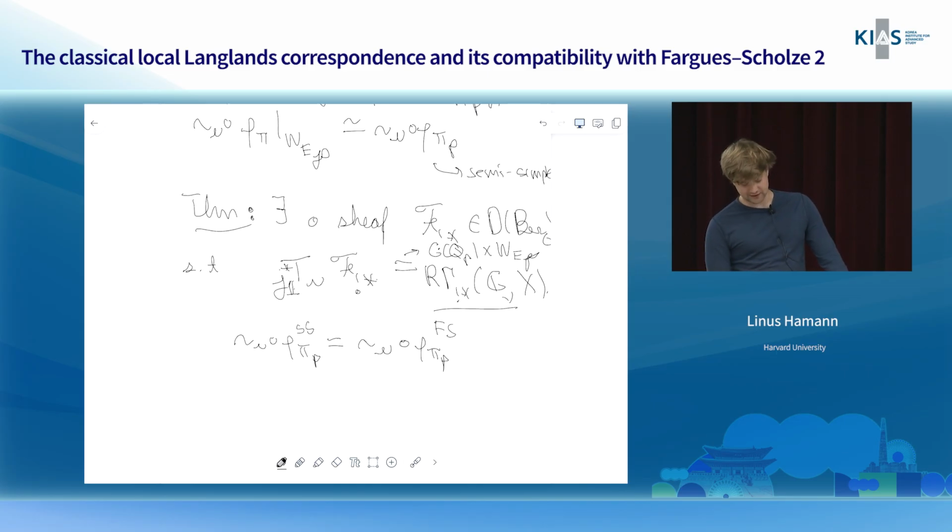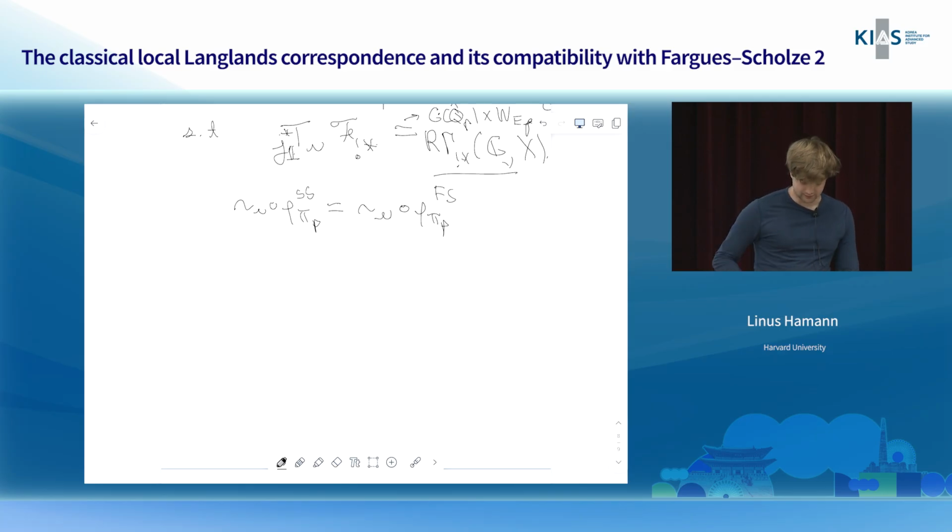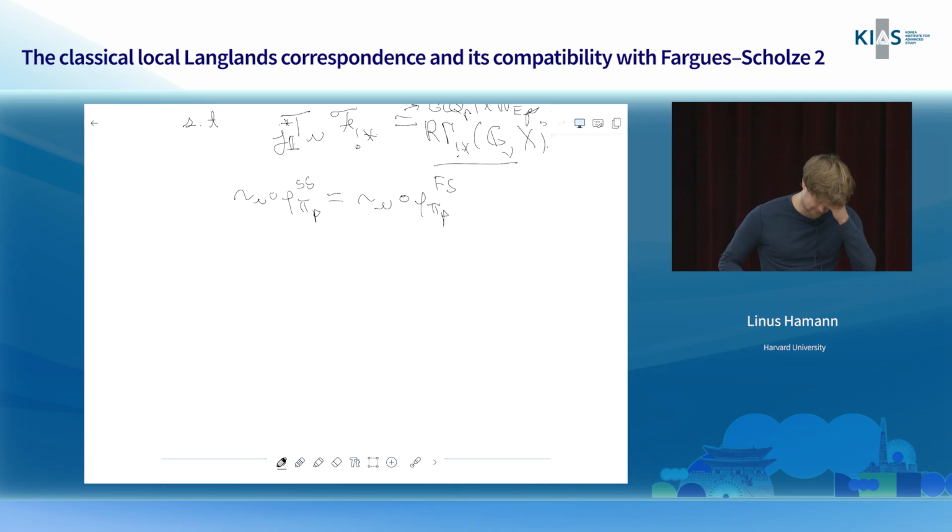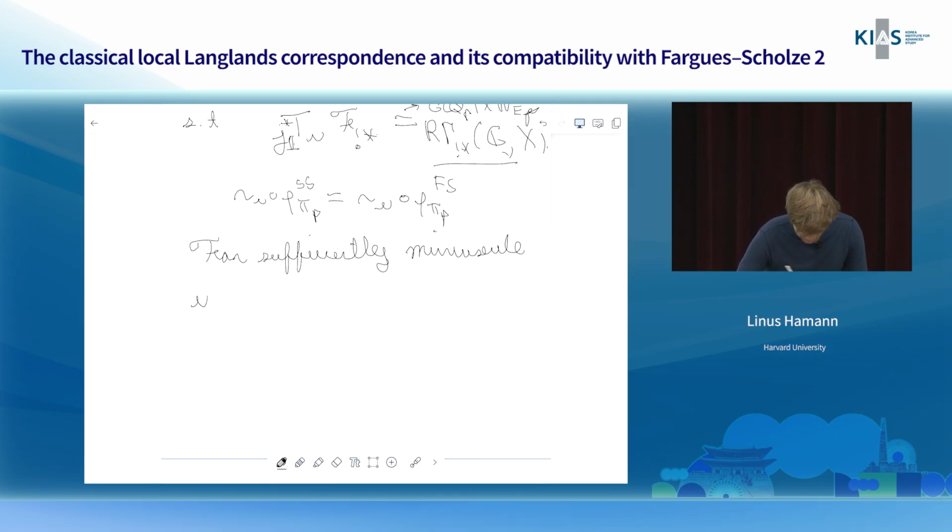But again, it follows formally from this relationship in just the same way as the usual compatibility followed from Harris-Taylor. And then for sufficiently nice minuscule mu, so in particular the things that appear here, as Jared alluded to already, this will imply that the original thing is the semisimplification of the Fargues-Scholze parameter.